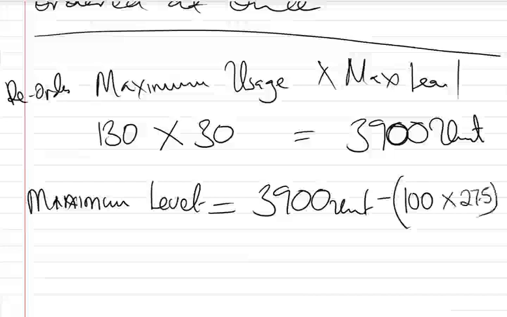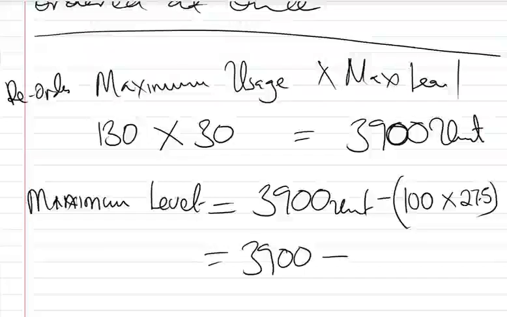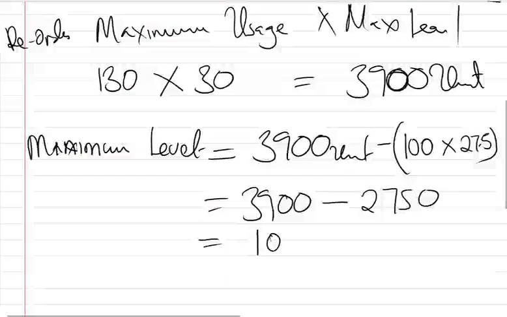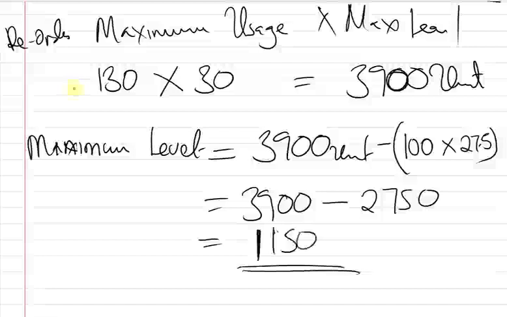So if you multiply, you should find 2,750, right? So if you subtract 2,750 from 3,900, you should find 1,150. So this is our minimum level.